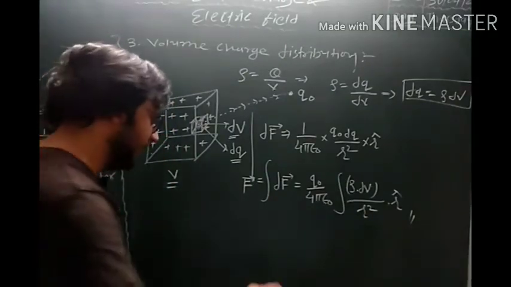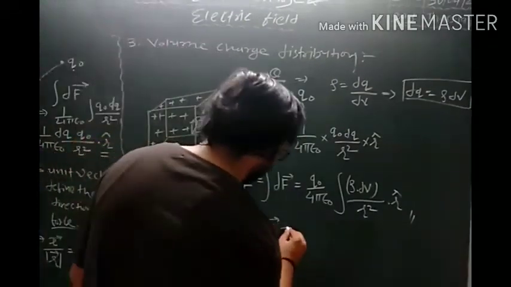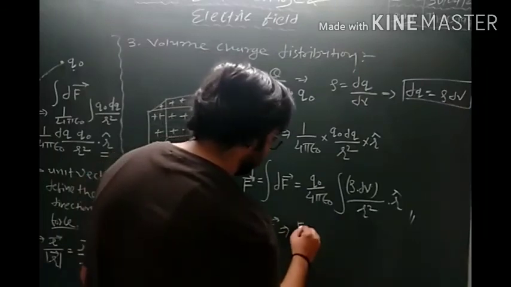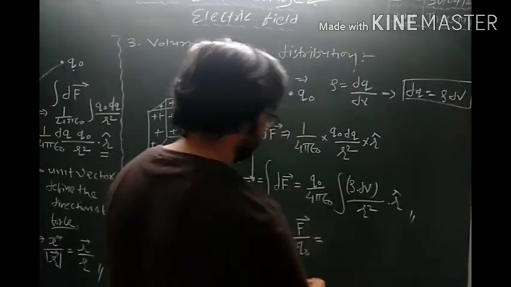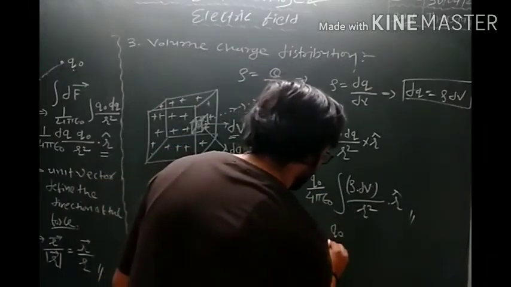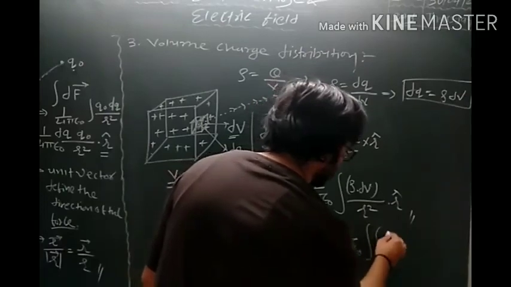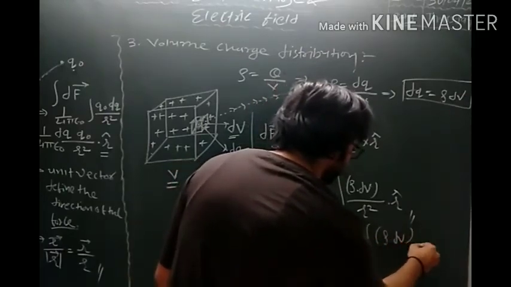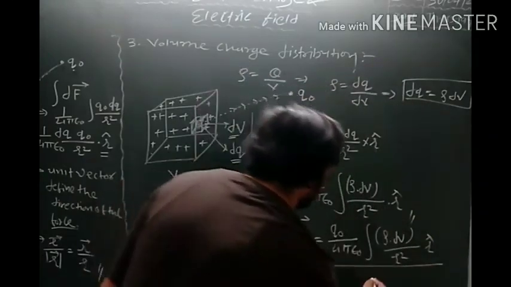Okay, now we want to find out the electric field, how much electric field is generated at the Q naught charge. So E is equal to nothing but F by Q naught. So F is from this equation, so Q naught upon 4 pi epsilon naught, integration of rho into dV divided by r square into r cap, upon Q naught.